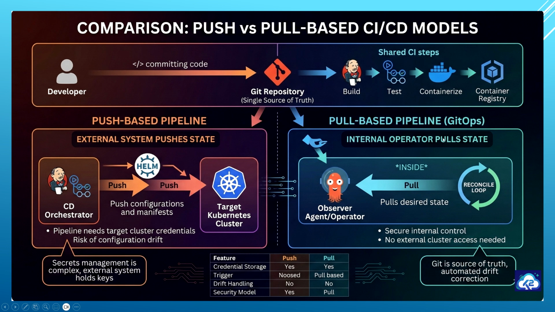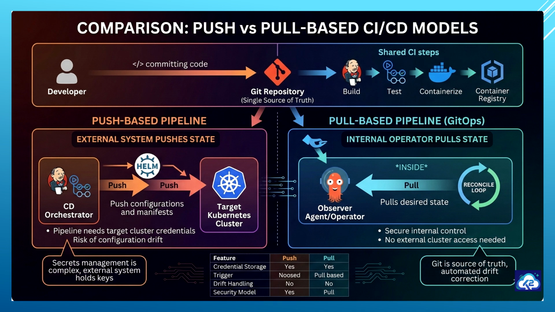Whereas in the pull based pipeline, which we refer to as GitOps, here it will pull the changes from the Git. So here there will be a Git operator, the GitOps operator. For example, let's say we have Argo CD. So this will be constantly monitoring the Git for any changes.